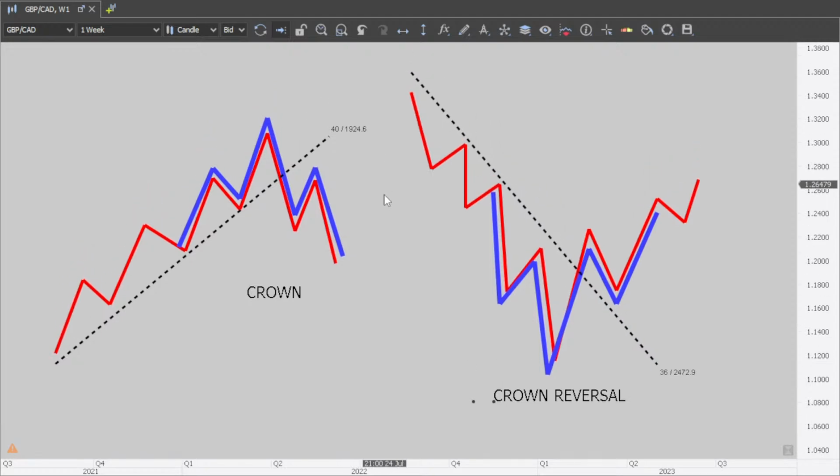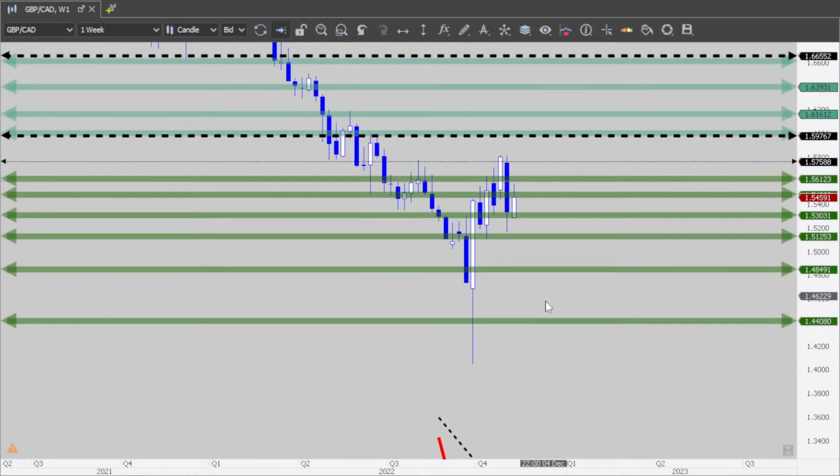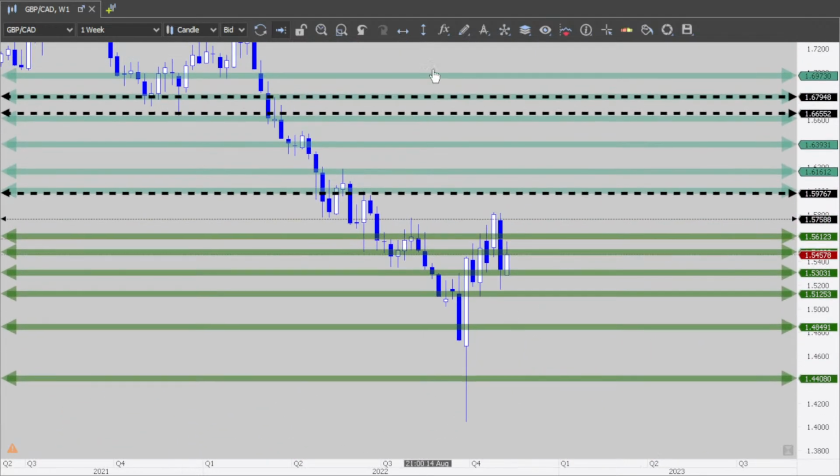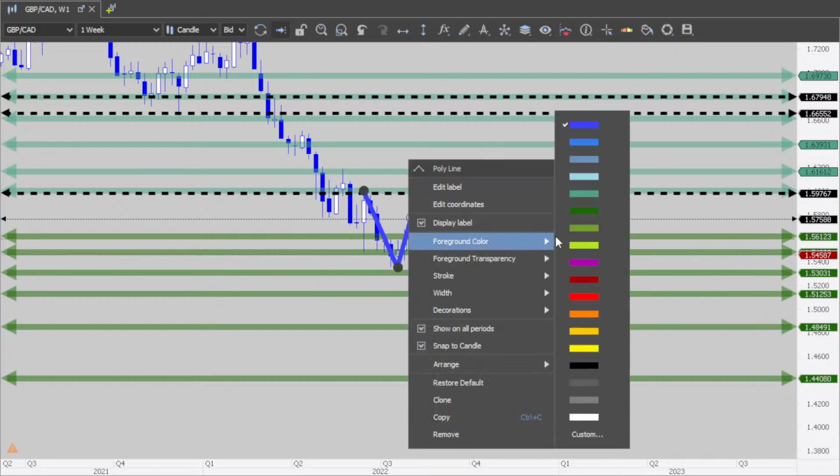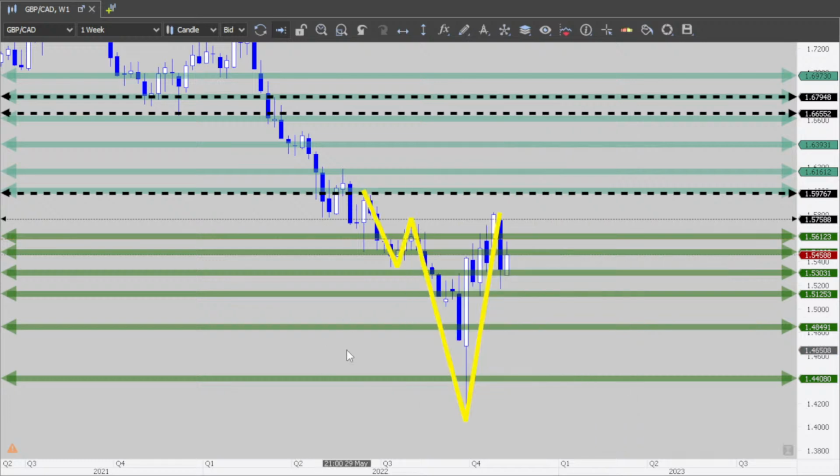Okay, now type in the chat, everybody. Did Sila do a great homework or not? Do we have a crown reversal right now on GBP CAD, everybody? Hedge fund trader Ala, hedge fund trader Julius, what do you think?